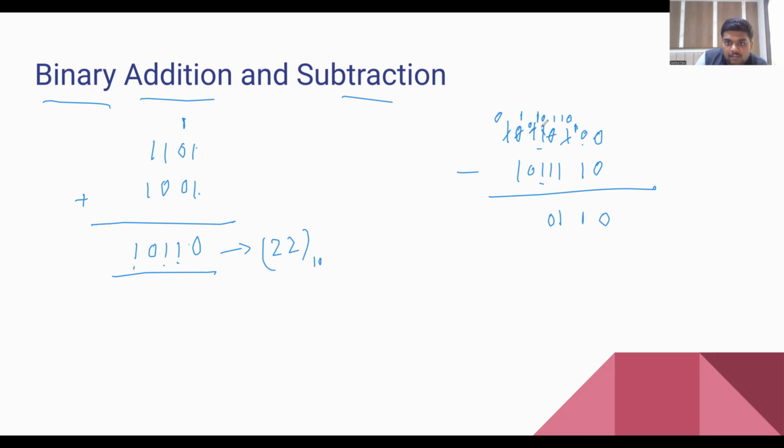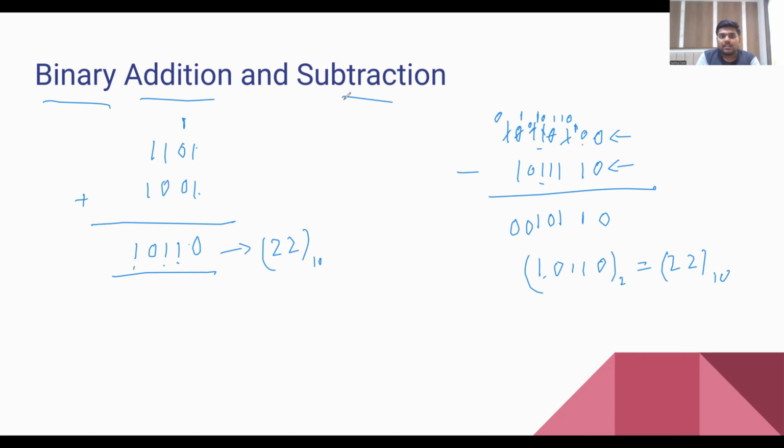So here you will have 2 minus 1, which is 1, then 0 and 0. So this number will be 10110, which is again 22 in base 10. And if you convert these numbers into decimal form, you will get the answer as 22 only. So this is how binary addition and subtraction is done.